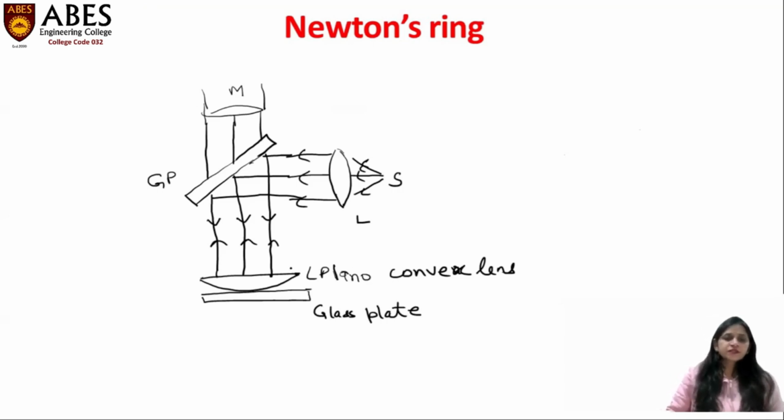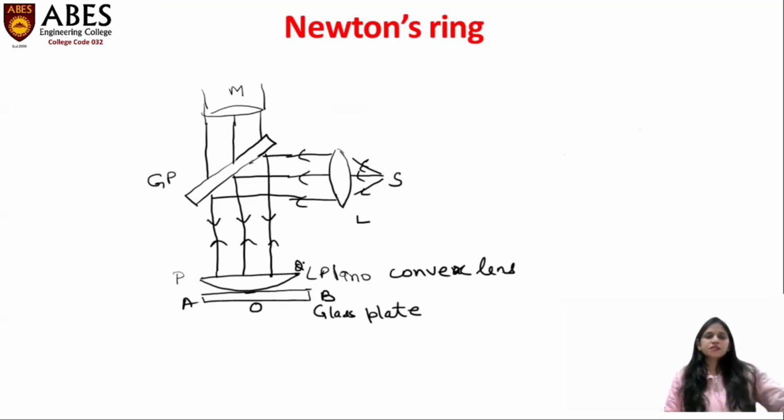Whatever interference is going on over here can be studied. Suppose this is POQ, the plano-convex lens, and here AOB is the glass plate. Now let us see how the interference is going on in this portion, and how we get Newton's ring from the plano-convex lens and glass plate.